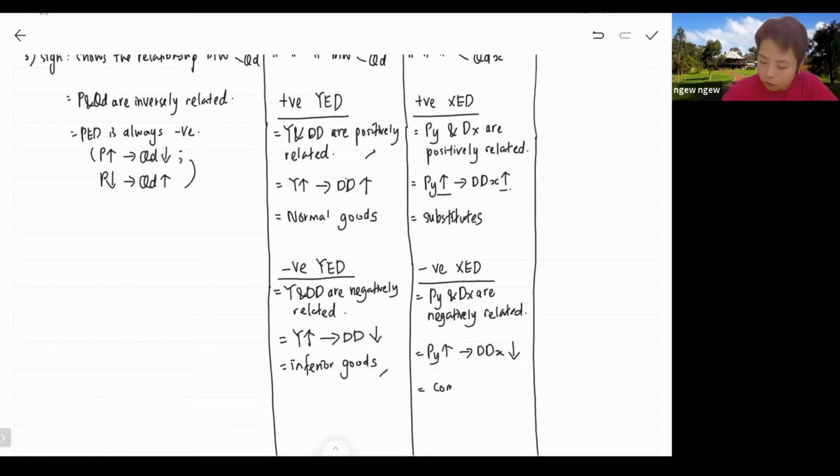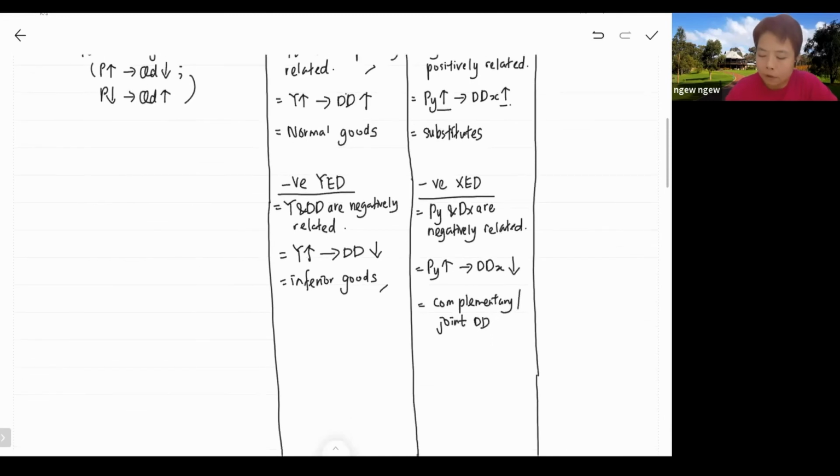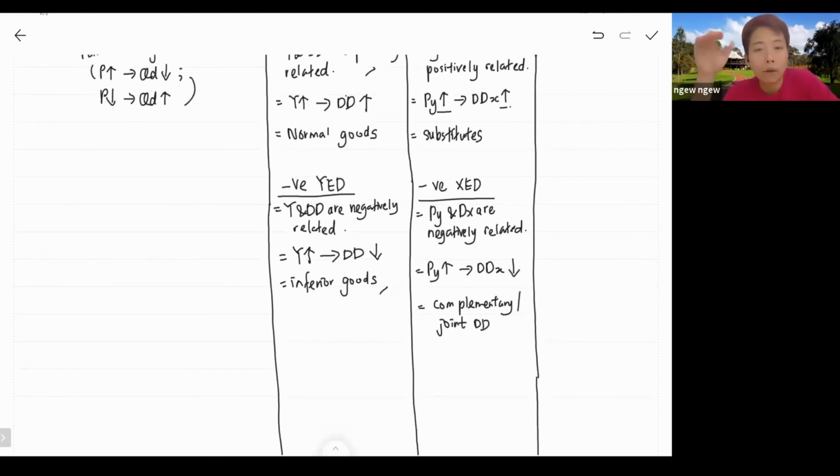So this is complementary, or two goods are jointly demanded. Two goods are used together. So now when you apply the context of cars and petrol here, then it makes sense. When price of cars rises, people will choose to buy fewer cars. Then fewer people driving cars, demand for petrol will fall. So this is how it works.